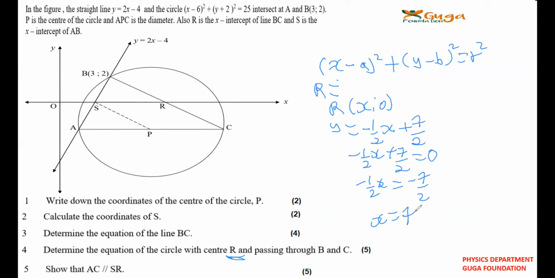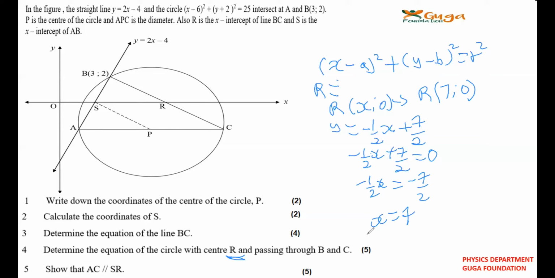So now the coordinate for R is (7, 0). Now from the formula, you have to substitute the coordinates of R, the center of your circle.